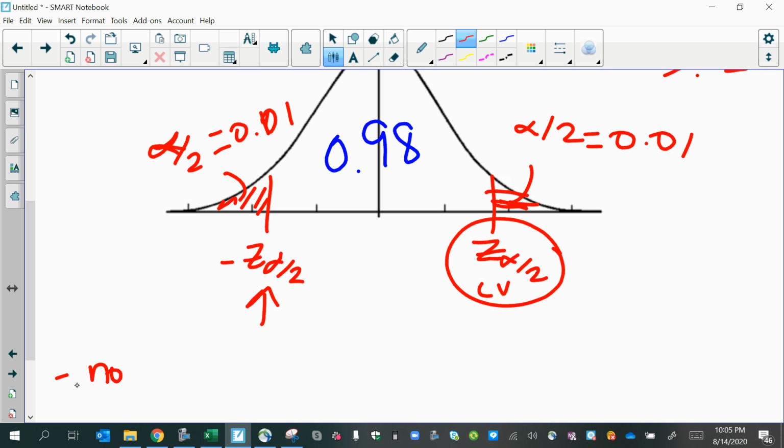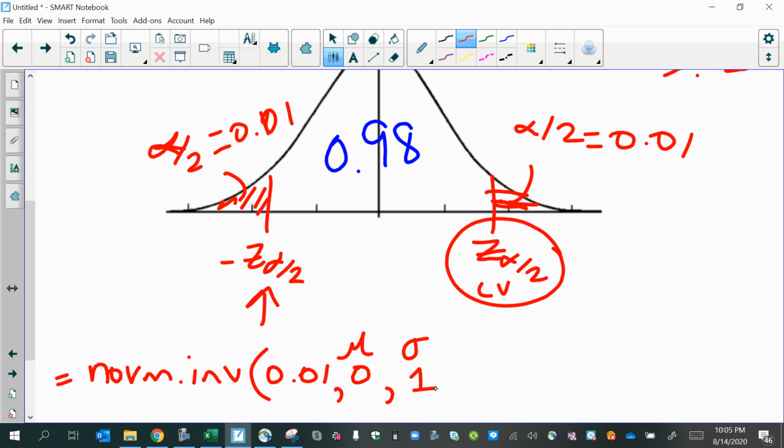You can use norm.inv with an area of 0.01 to the left, mean of 0, standard deviation of 1. That's because they're z-scores. We always do a mean of 0 and a standard deviation of 1.